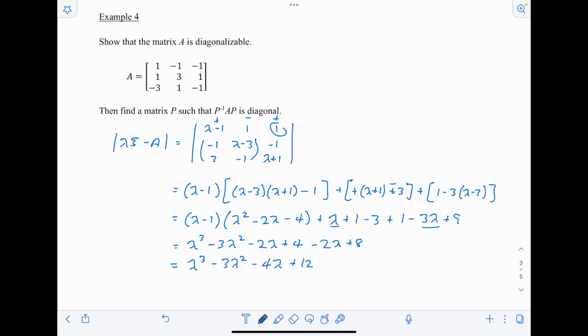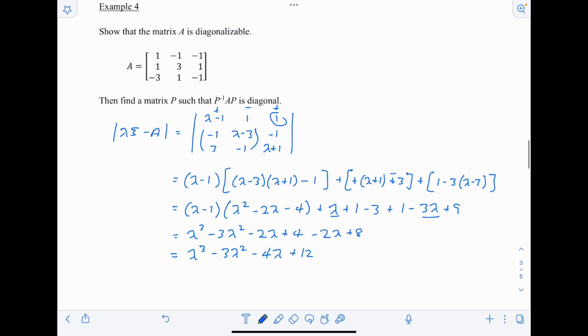Now remember, we have to find the zeros of this polynomial. This is the characteristic polynomial. We could find its zeros by factoring by grouping, if you remember how to do that: group the first two terms, group the second two terms, pull out a lambda squared, pull out a -4, et cetera. Honestly, at this point, just graph it. Throw it into your calculator or an online graphing program, and find your x-intercepts, your zeros, that way.